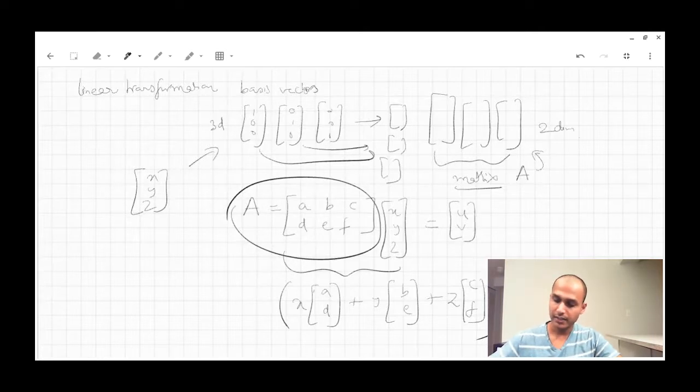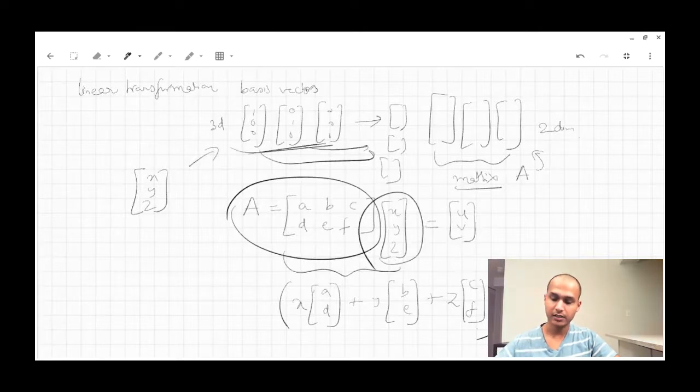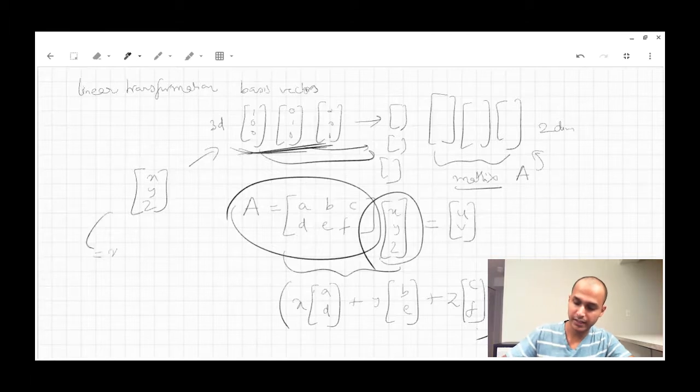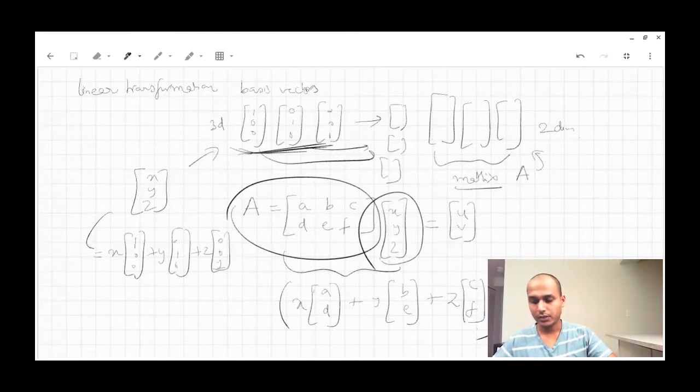This was the notion of linearity: a function acting on an input can act on the parts of the input, which is what the basis vectors can decompose. xyz is nothing but x times 1, 0, 0 plus y times 0, 1, 0 plus z times 0, 0, 1. Because we know how the function acts on the basis vectors, we also know how it acts on xyz because of linearity. So check out the previous video.